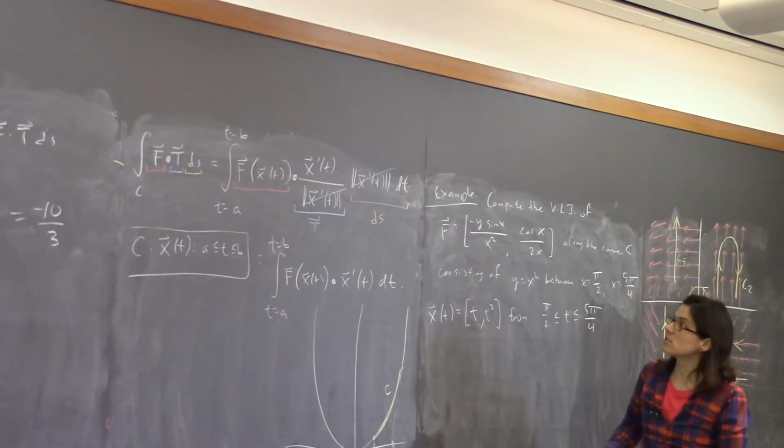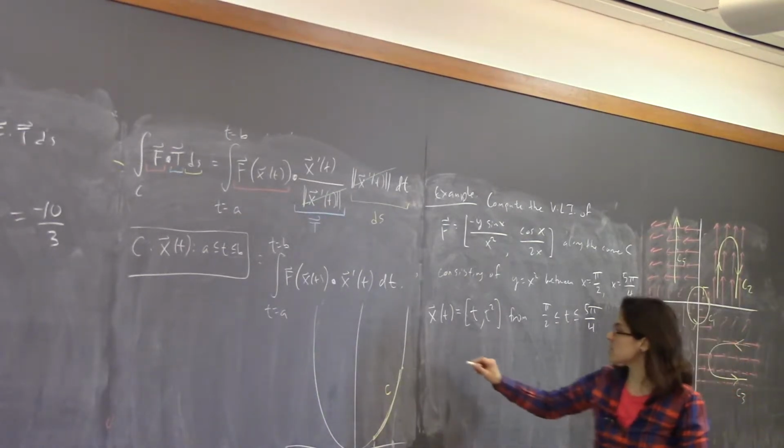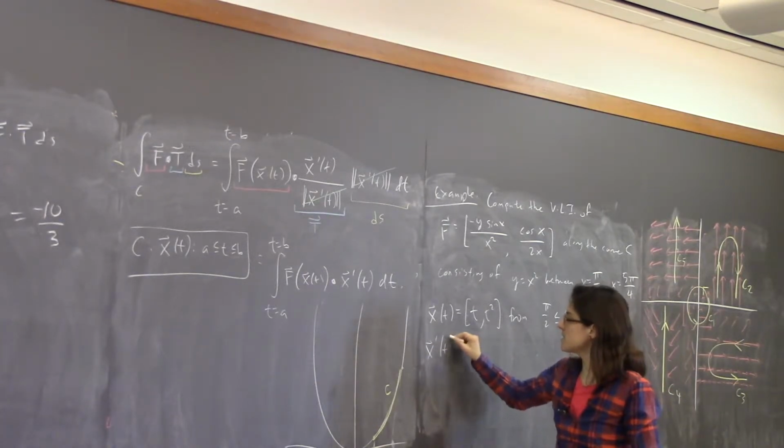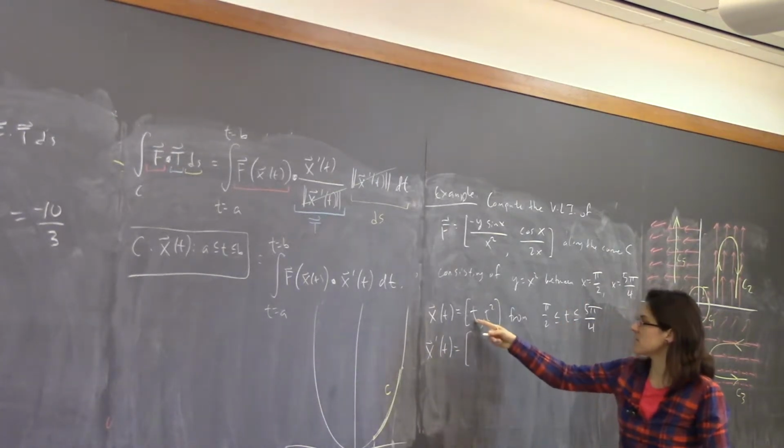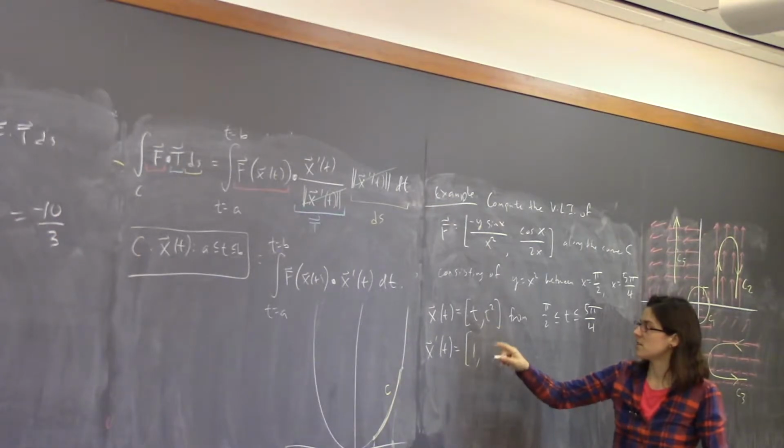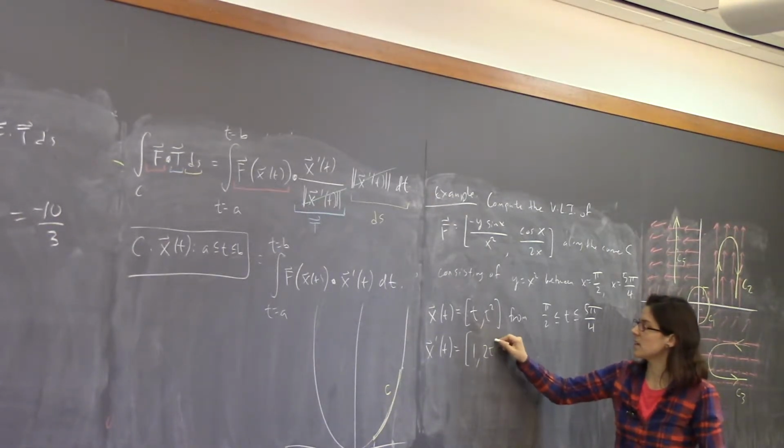And then what do we need? We'll need x prime of t. The derivative with respect to t of t is 1, and the derivative with respect to t of t squared is 2t.